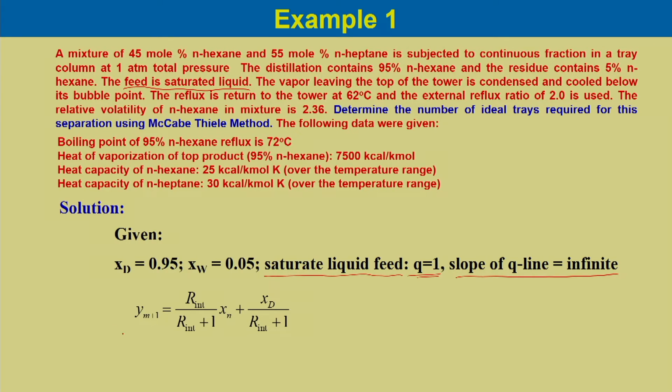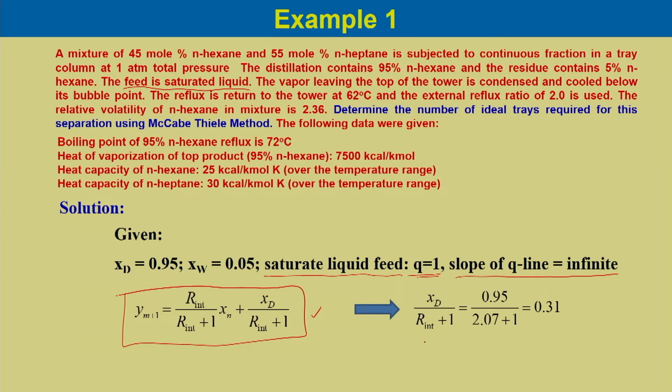So, from here we can calculate using R internal in the operating line equation for the rectifying section, which is y m plus 1 equal to R internal divided by R internal plus 1 into x n plus x d by R internal plus 1. If we substitute the values, x d by R internal plus 1 would be equal to 0.95 by 2.07 plus 1.